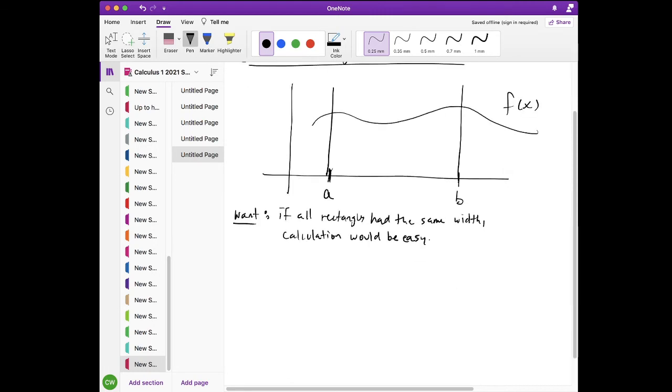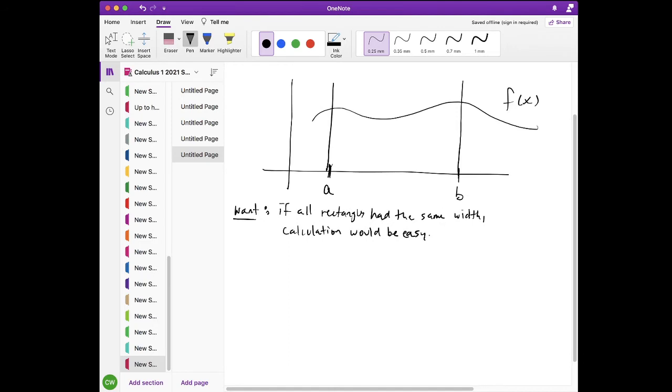So why is it easier? Because if the estimated area is length 1 times width 1 plus length 2 times width 2, if all the widths are the same, what can you do?